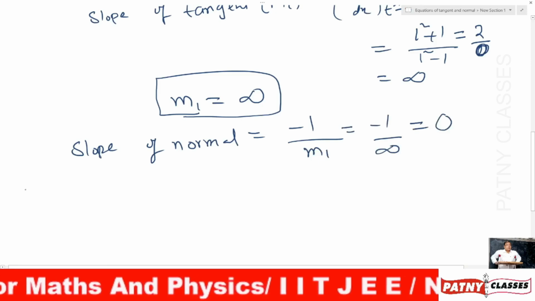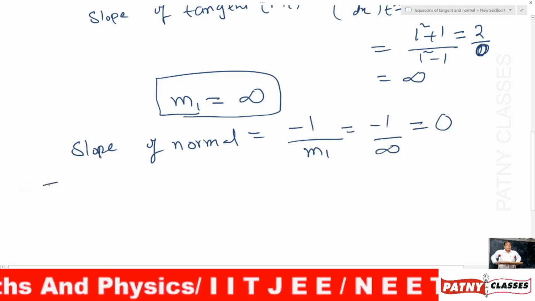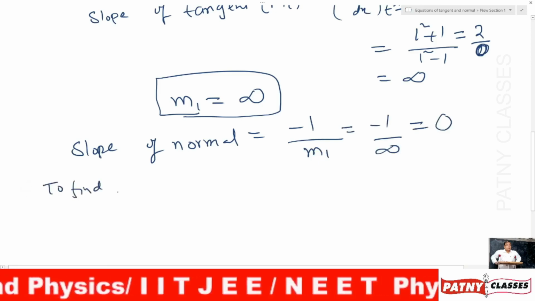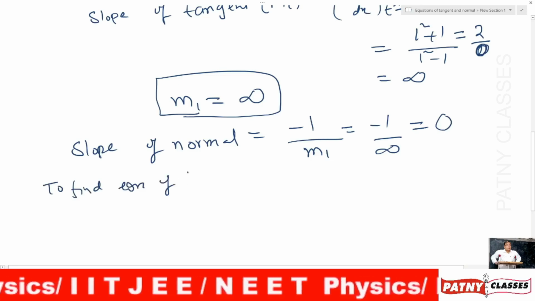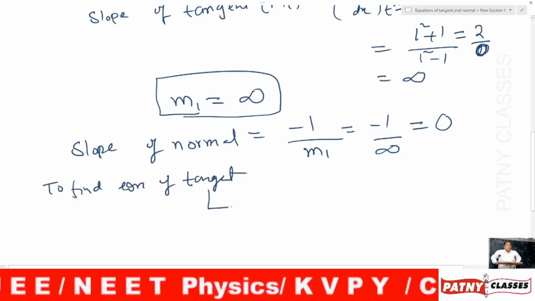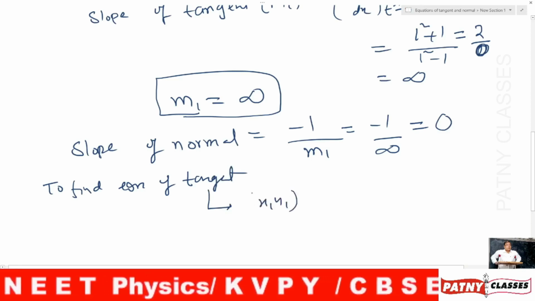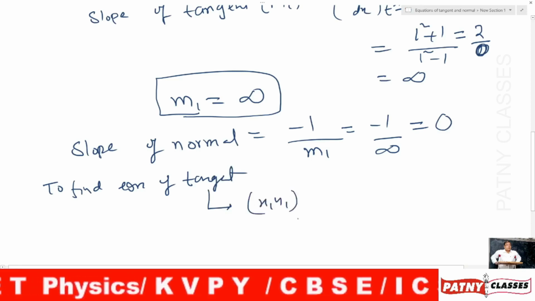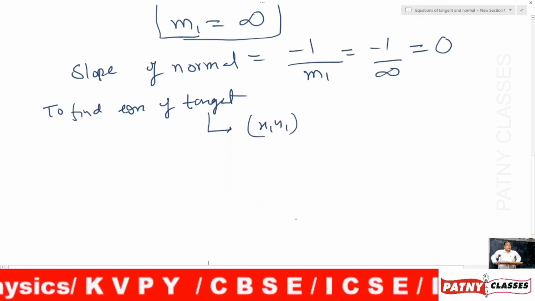Now next is to find the equation of tangent. To find the equation of tangent, we are not having x1, y1. So the next step should be to find x1, y1, that is the point of contact. So how to find the point of contact? Let us see here.